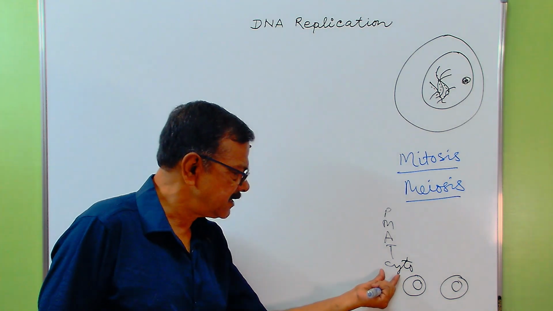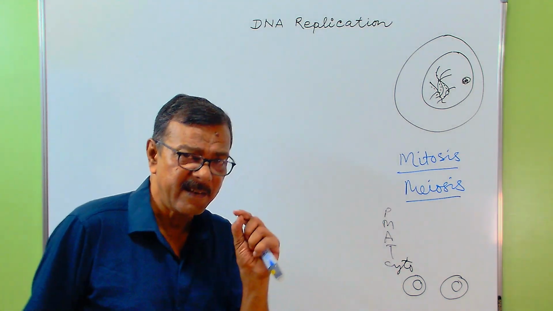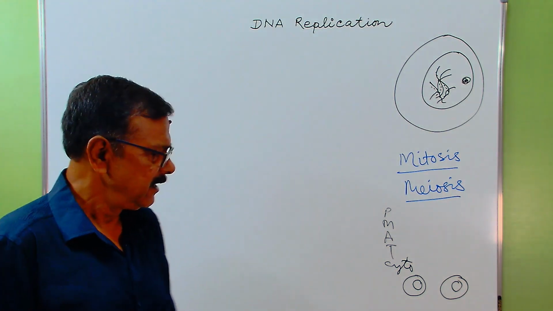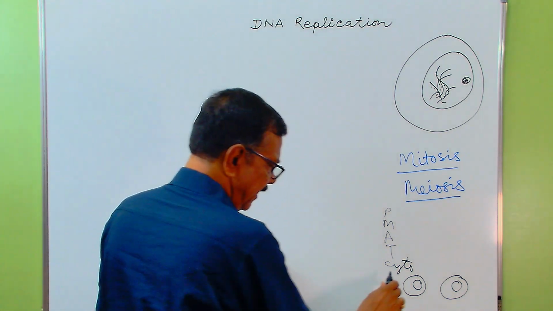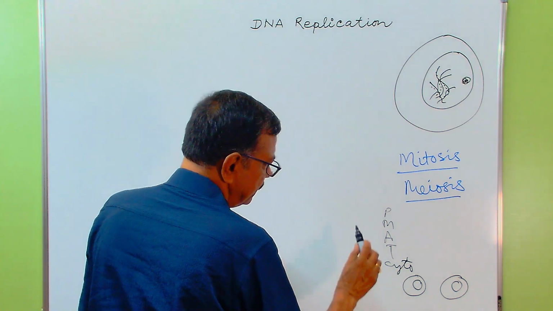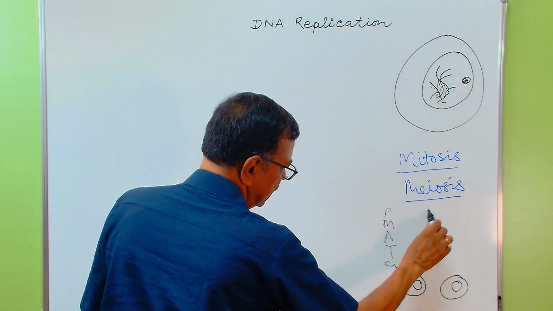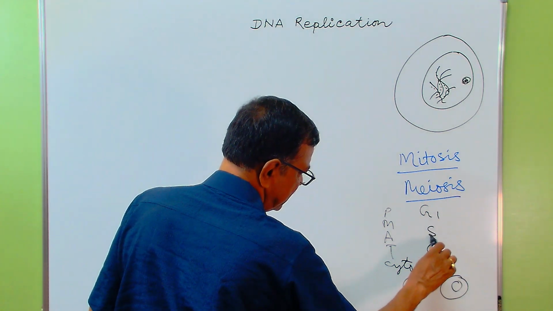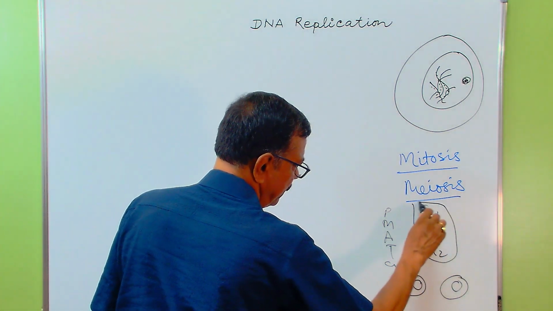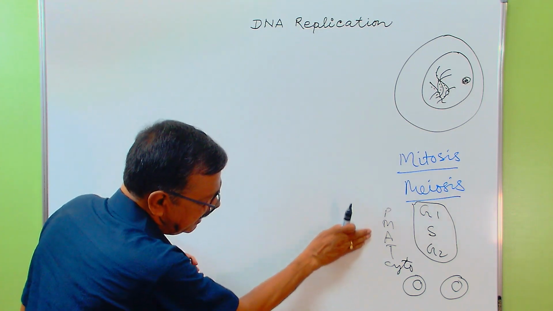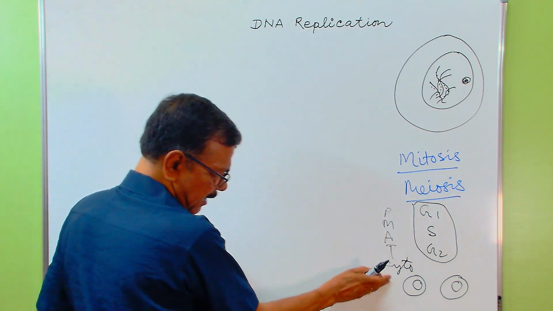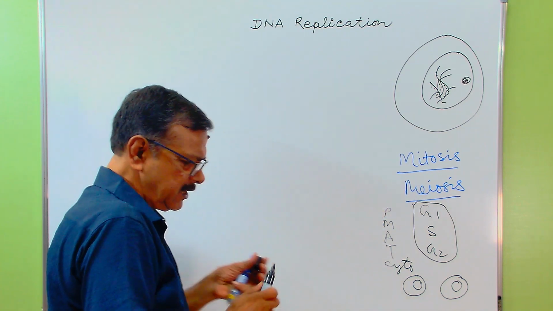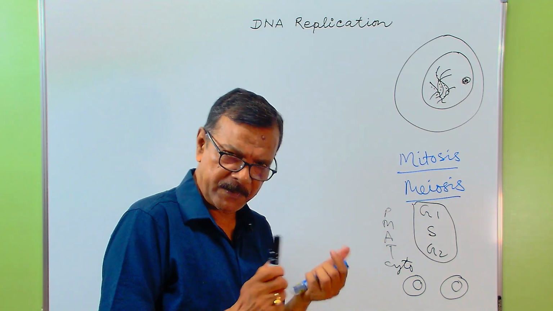After the cytokinesis, the cell takes rest. That stage is known as interphase. The interphase consists of gap 1, S phase and gap 2. After the cell division is over, after cytokinesis, there is a gap, and it varies from species to species.